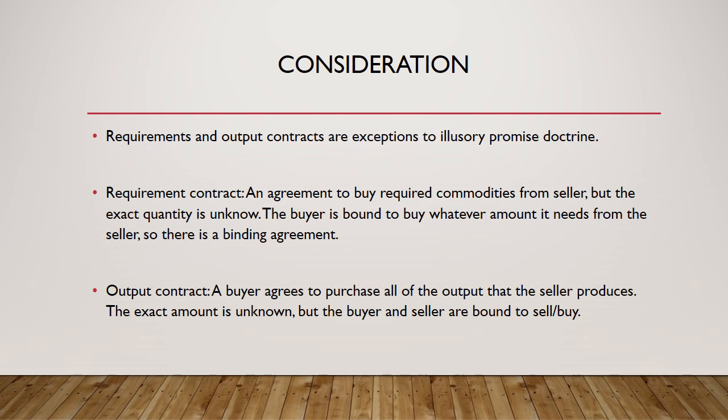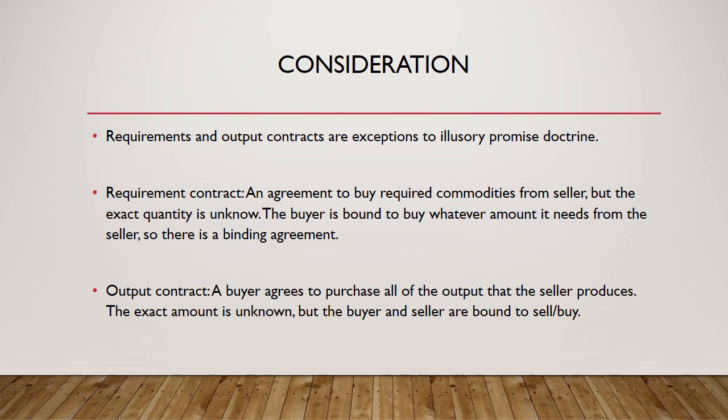Under consideration, the book talks about requirements contracts and output contracts. A requirement contract is an agreement to buy required commodities from a seller, but where you don't know the exact quantity. So you agree to buy everything that you need to buy from this person. You just don't know what the quantity is. Well, you don't lack an essential term in that scenario or consideration because the buyer is bound to buy whatever's needed from the seller.